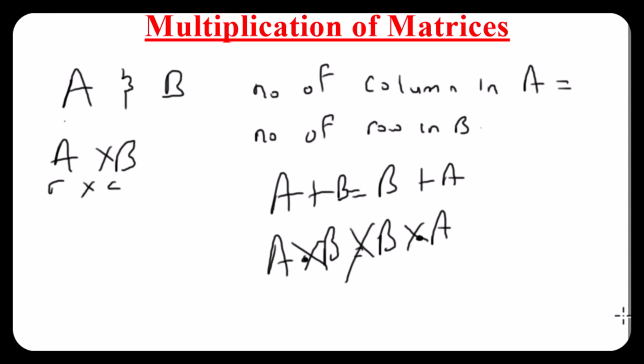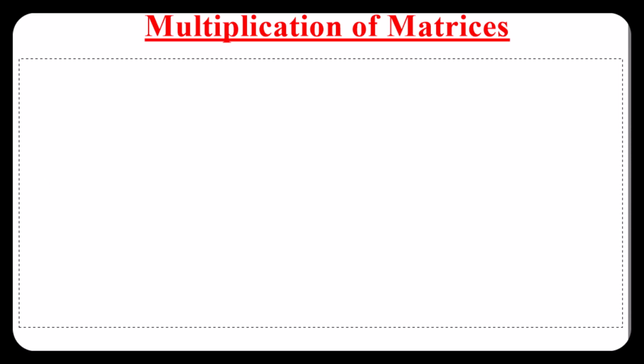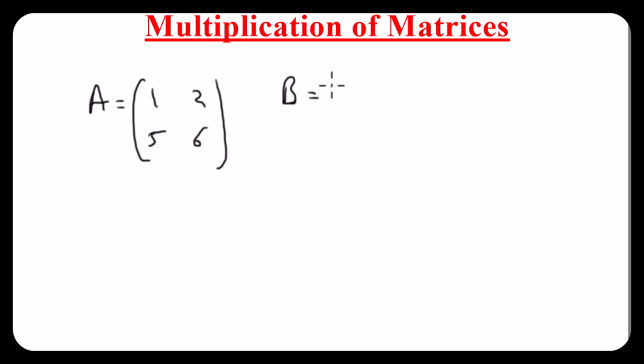So let's take our first example and see how to check for compatibility of matrices. Let's say we're given matrix A equal to 1, 2, 5, and 6, and matrix B equal to 3, 4, 7, and 8.